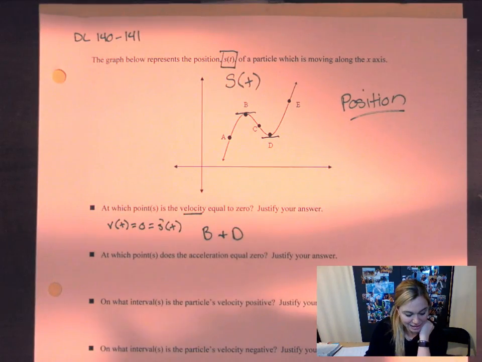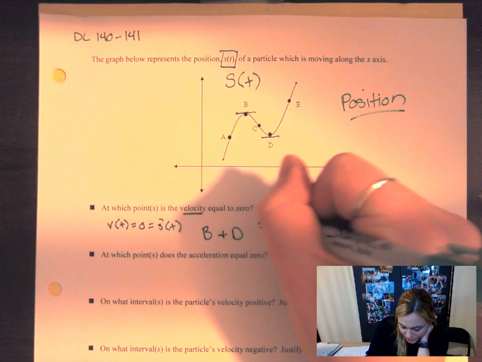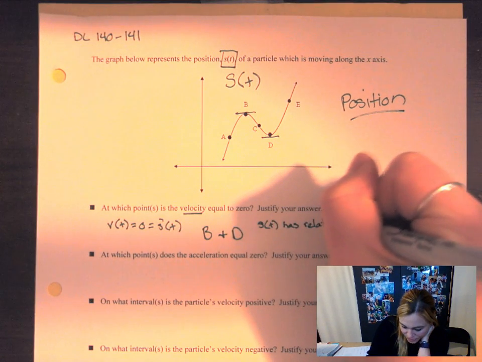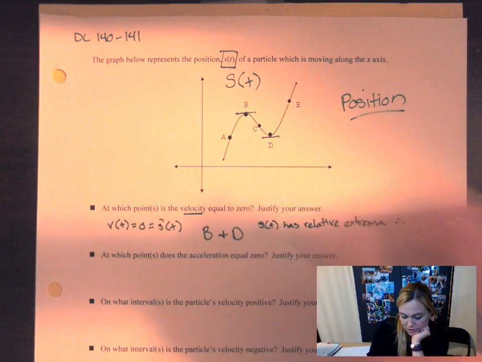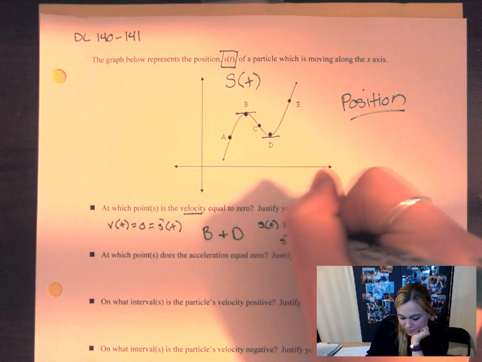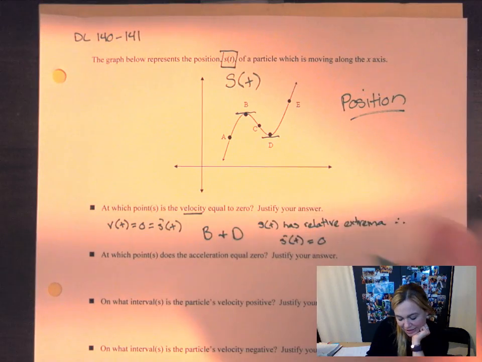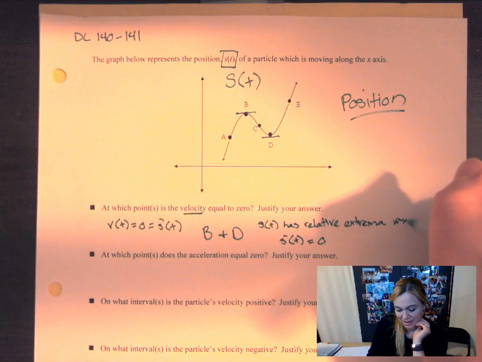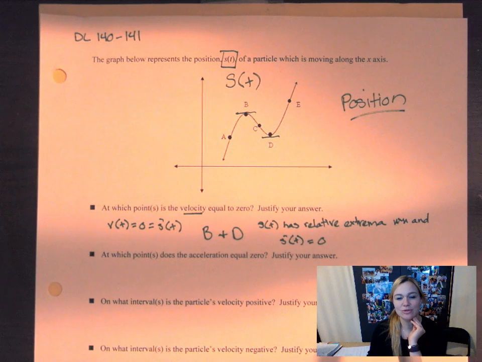And my reasoning: the position function, S of t, has relative extrema, and therefore S prime of t is equal to 0. I'm going to say "and S prime of t equals 0" only because if I say "therefore S prime of t equals 0," that's not always the case.